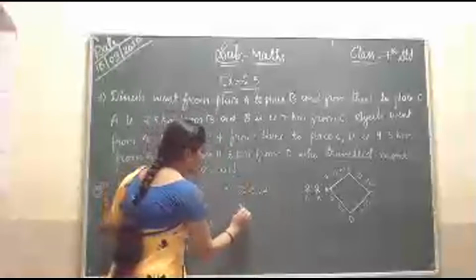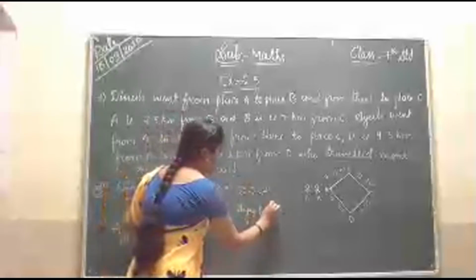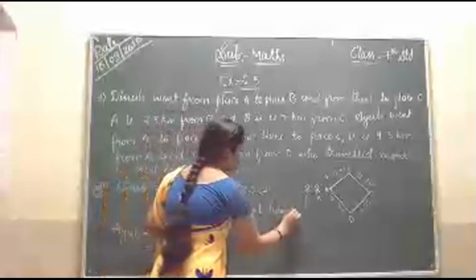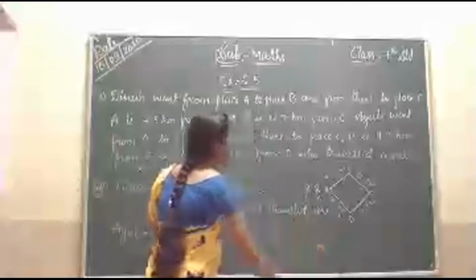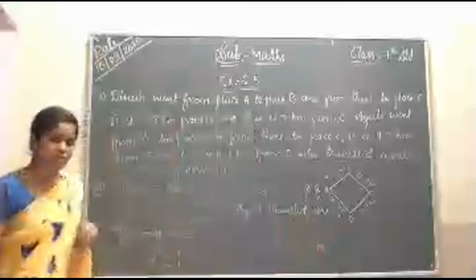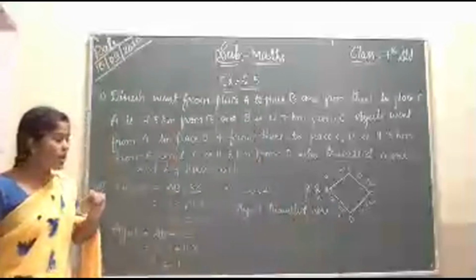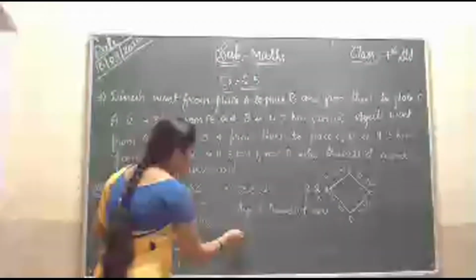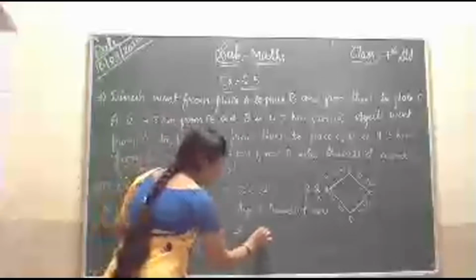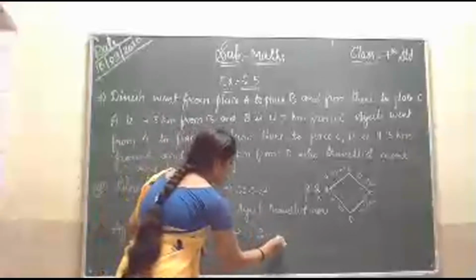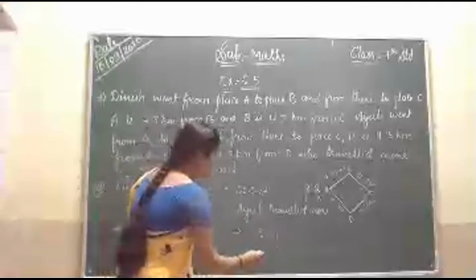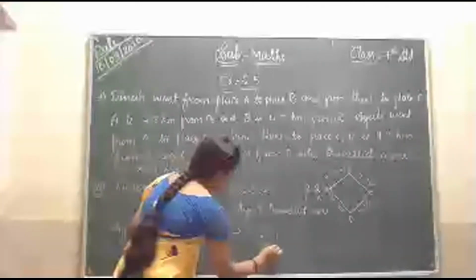So therefore, Ayub traveled more. And what do they ask again? By how much? We have to subtract, to see by how much Ayub traveled more than Dinesh. So 21.1 minus 20.2.